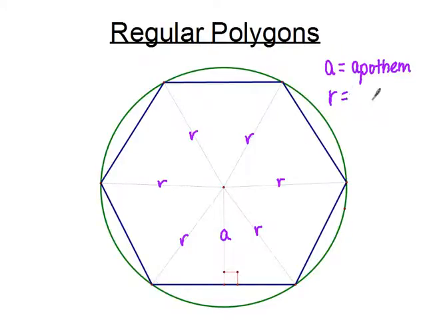So they're still radii, just a little different scenario. Okay, and it just so happens all of these triangles inside the shape are all congruent. They're all the same thing, and they're all isosceles. So if we want to find the area of each triangle, we'd use the apothem as the height, and then we'd do the area like normal. And then we can multiply it by how many triangles were inside the shape, and that would give us the area of the shape. But there's a formula for this one, just like all the others.